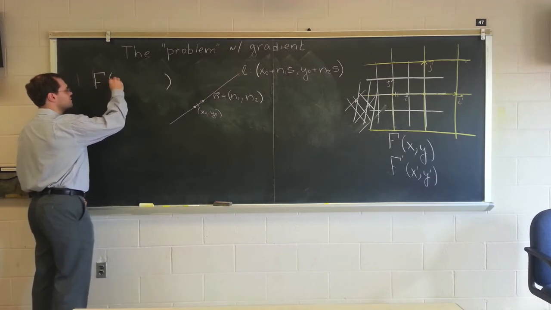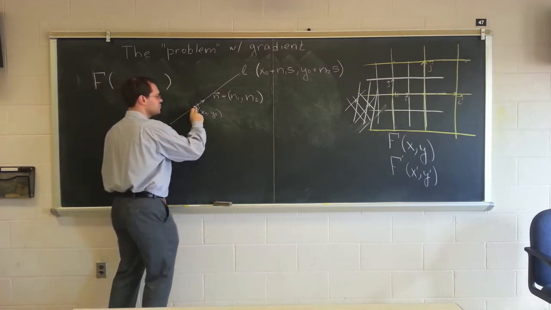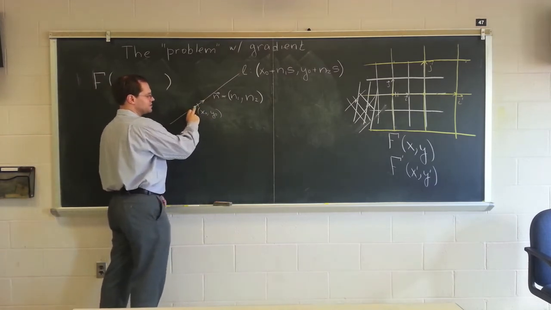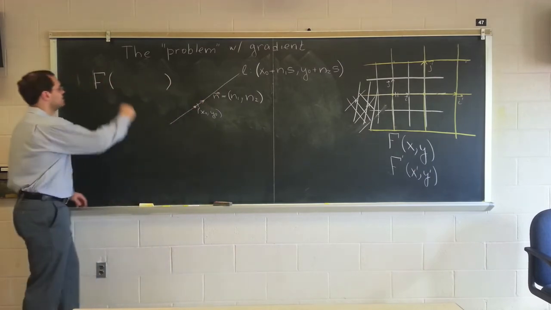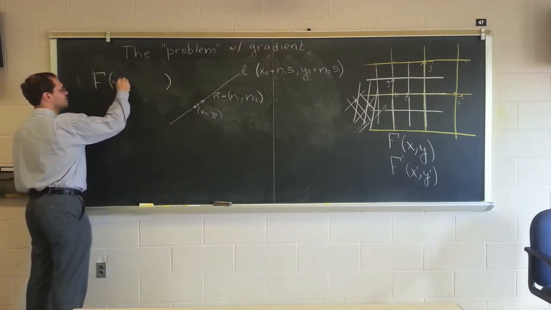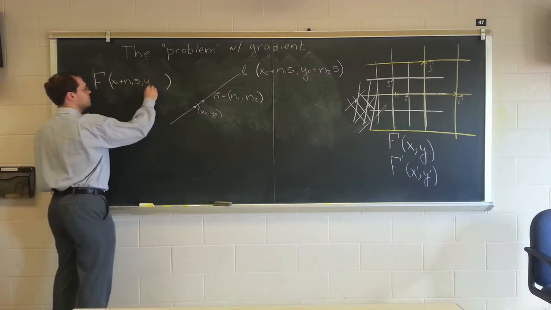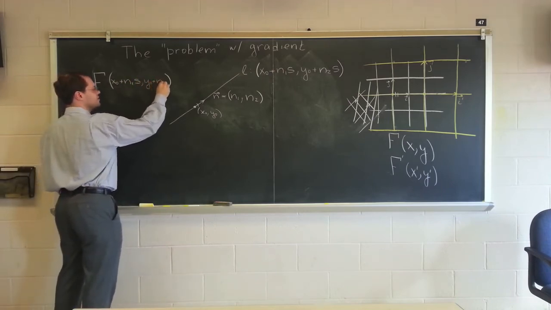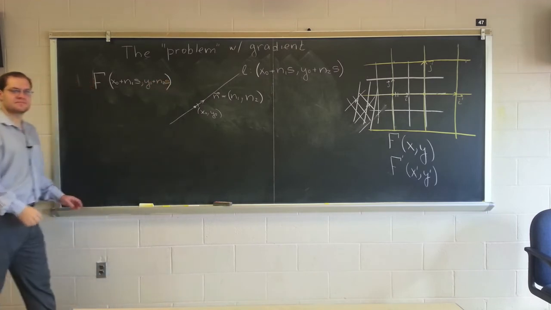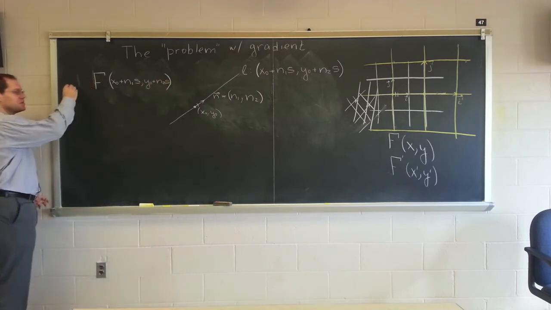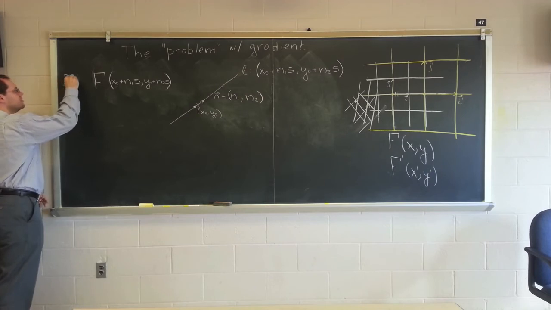So our function, as we go away from this point of interest in this direction, can be written as f of x0 plus n1 s, comma, y0 plus n2 s. That forms a new function, which we can call f of s.